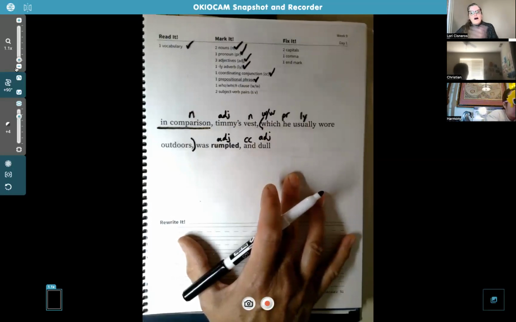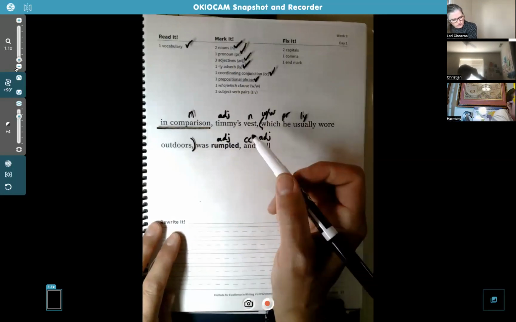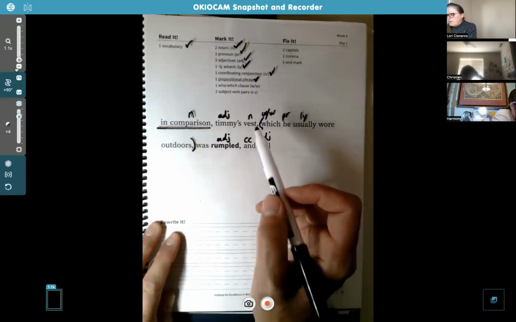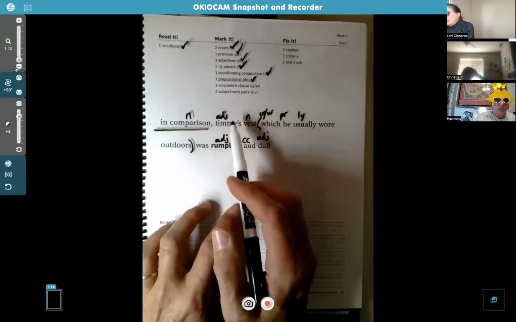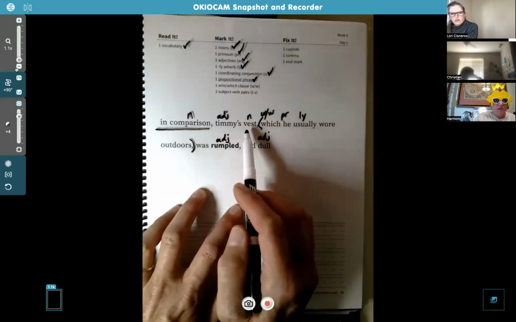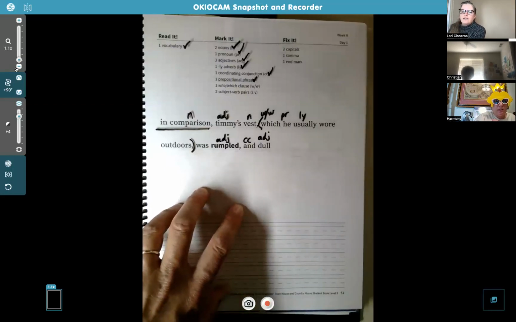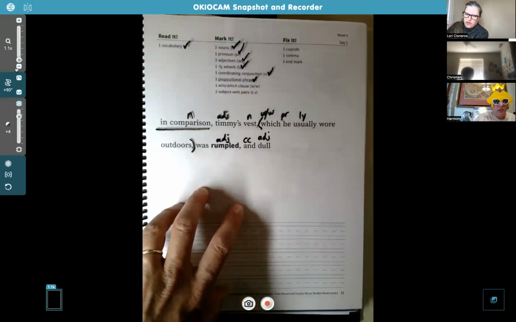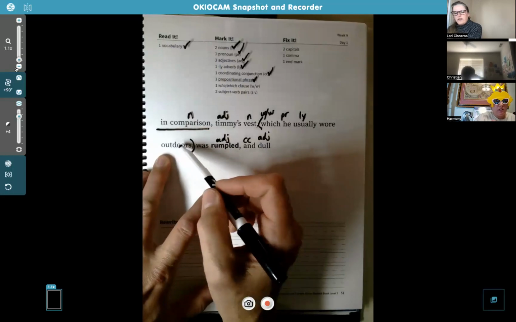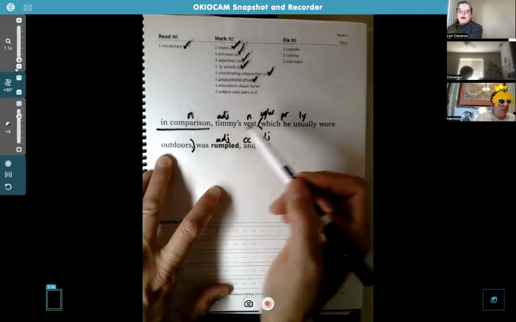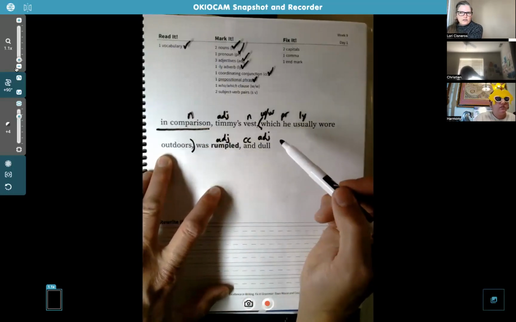The whole clause is explaining the vest, right? It describes the vest. So in comparison, we're just going to look at Timmy's vest, which he usually wore outdoors. That whole clause is telling a little bit more about the vest. So that's why we don't even label outdoors. This is part of the clause.